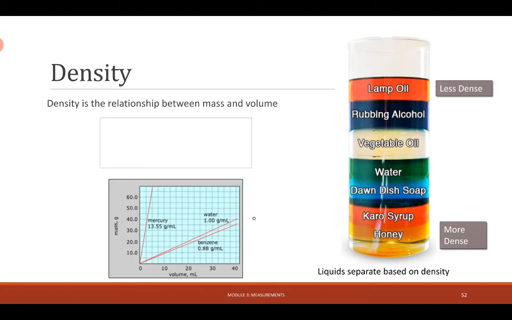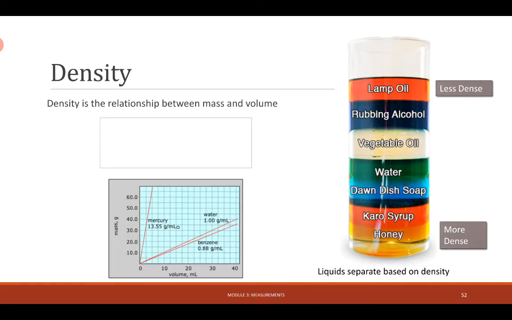For every substance, when you have more of it, you have more mass, but it's also going to occupy more volume. And so mass and volume both depend on how much of something there is, but there's a relationship between mass and volume.